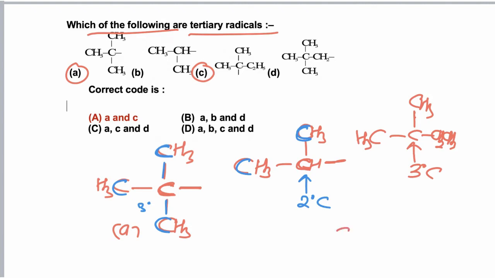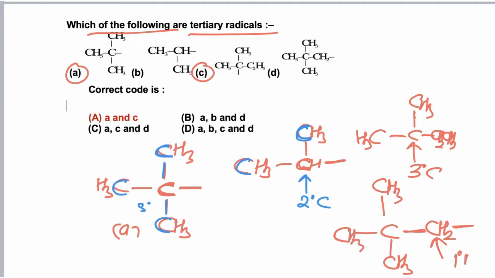While in the case of D, the carbon which has the free valency is directly connected with one other carbon atom. So this carbon which has the free valency, which has the radical, is 1 degree. This is a 1 degree radical. So the correct answer is A and C. So the correct answer is option A.